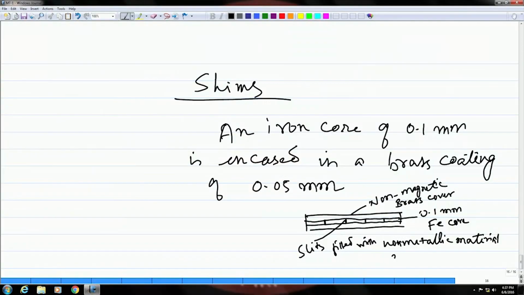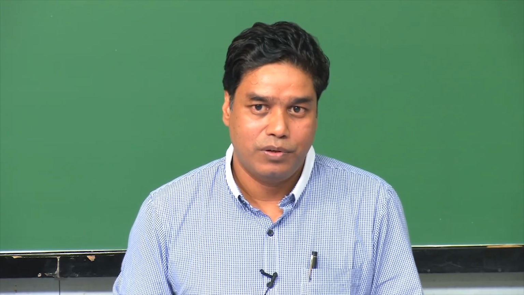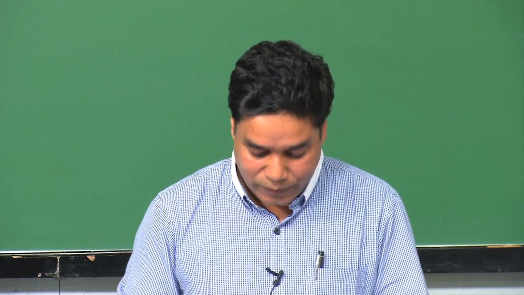So, with the help of different kinds of artificial flaws which are cut out or etched out on these field indicators, you would be able to know the magnitude of the field, and in some cases, as we have seen, also the direction of the field, and both are important.